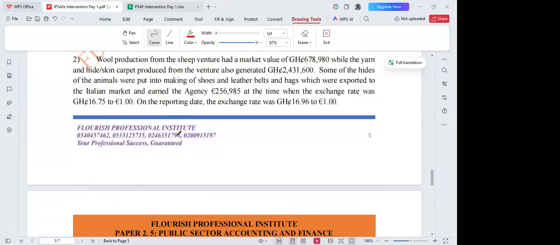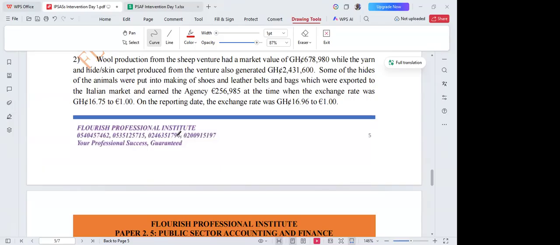2. Wool production from the sheep venture had a market value of 678,980, while the yarn and hide or skin carpet produced from the venture also generated 2,431,600.